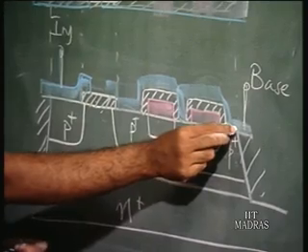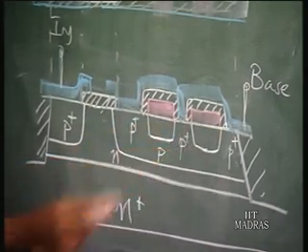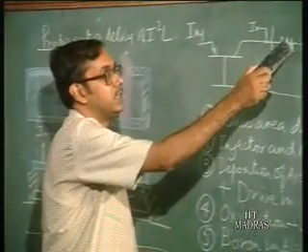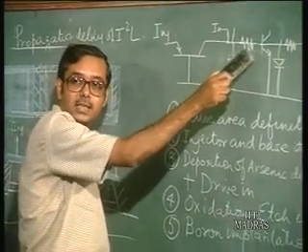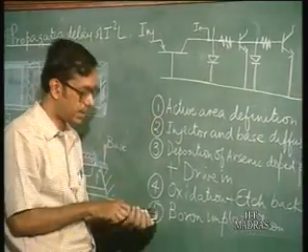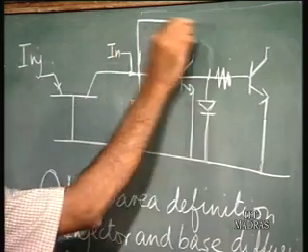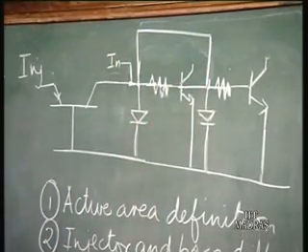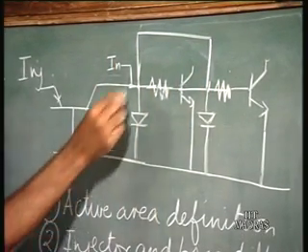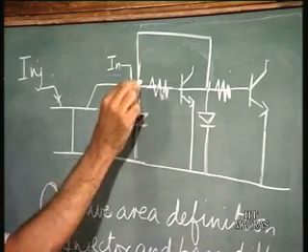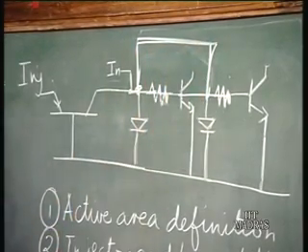Okay, and you have intermediate P plus region. So all these regions, these resistances are basically shorted out because you have a contact here, in the equivalent circuit. This and this have been shorted.